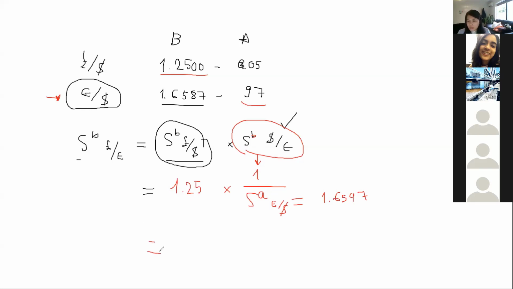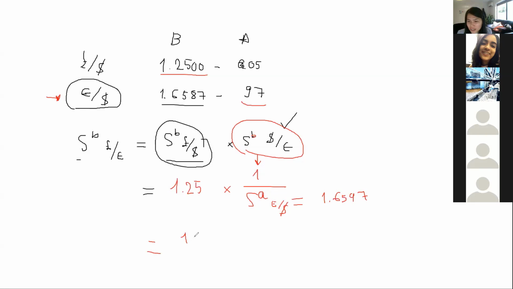So if I take 1.25 divided by 1.6597, let's see what I get. Okay. If you do the calculation, can you tell me the answer as well? I got 2.075746. But I'm not sure. No, it shouldn't be 2 something.